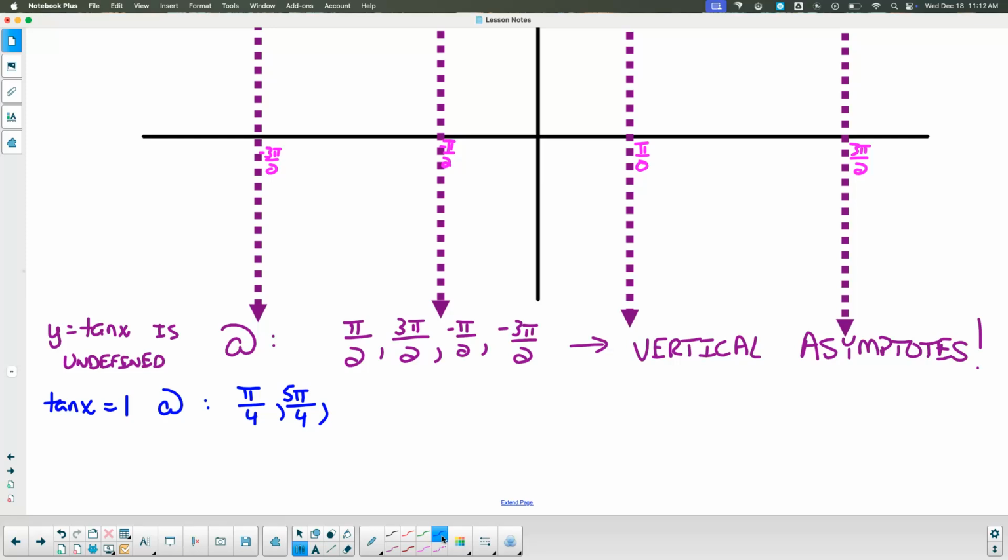Okay. Reverse first lap. Where is tangent equal to 1? Somebody other than Miss Bushman. Thank you for participating. I appreciate it. Reverse first lap.